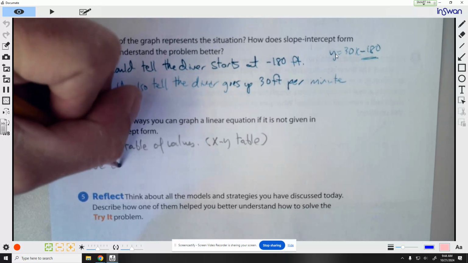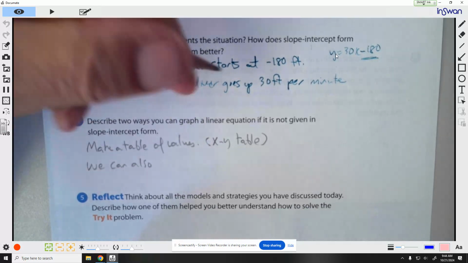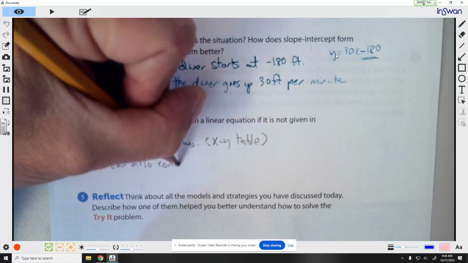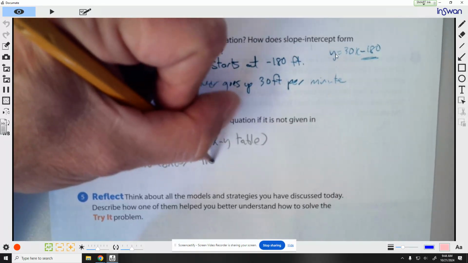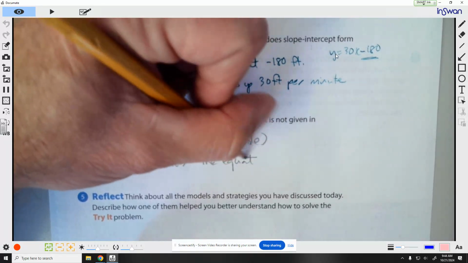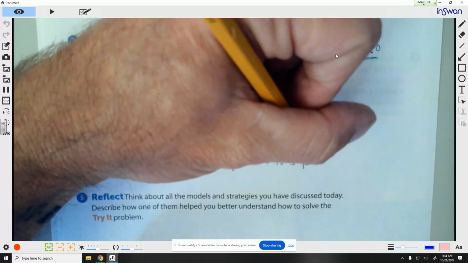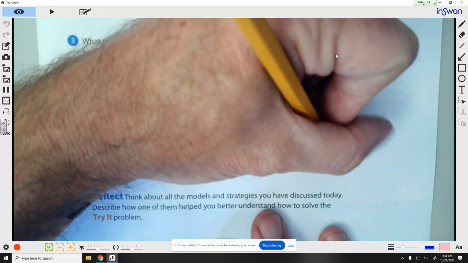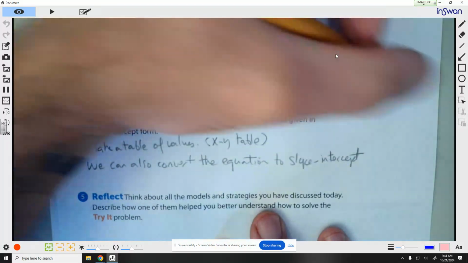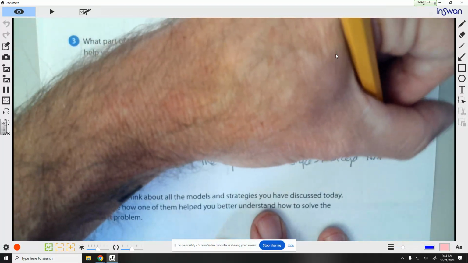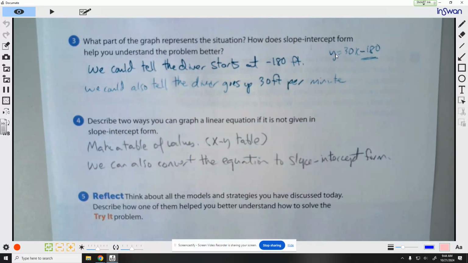We can also convert the equation to slope-intercept form. All right, so we can make a table of values, but we can also convert the equation to slope-intercept form and graph it that way.